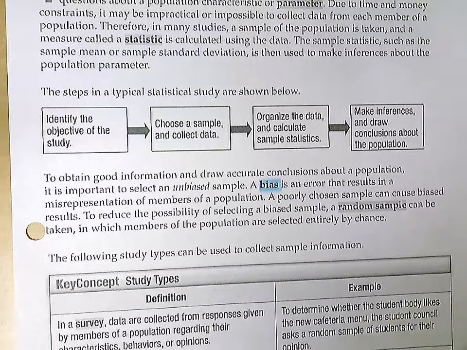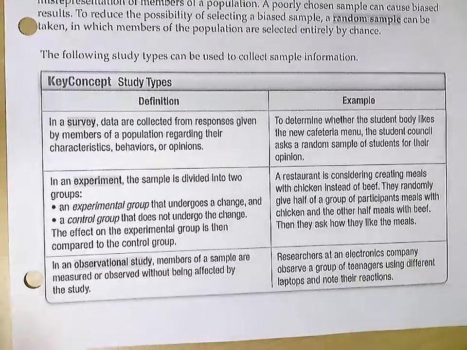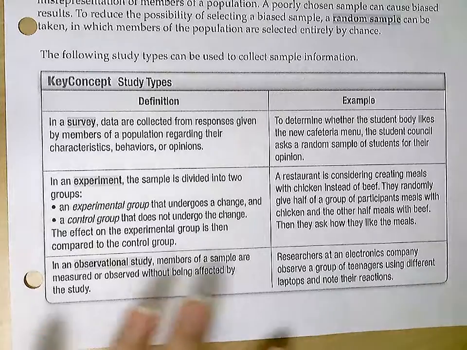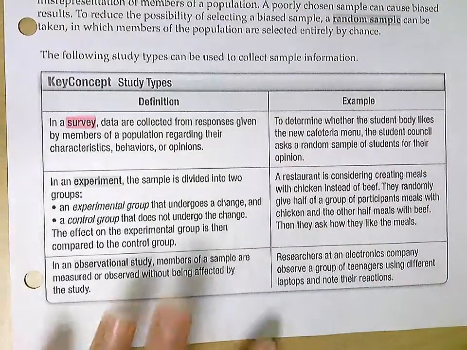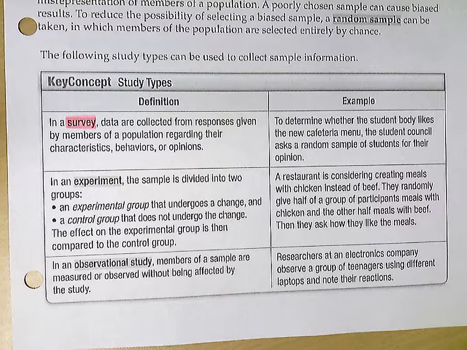Okay? So the following study types can be used to collect sample information. These ones are what we're kind of dealing with today. So we have to determine what type of study they're talking about. So the first one is a survey. Most of you have taken a survey before, probably.